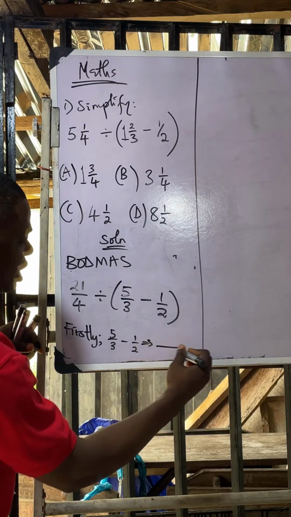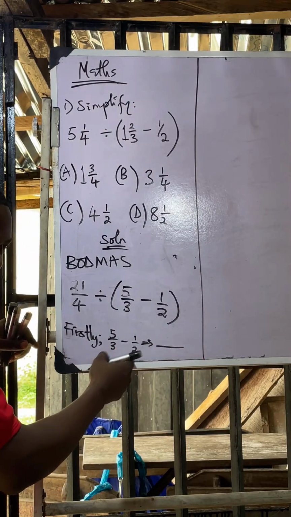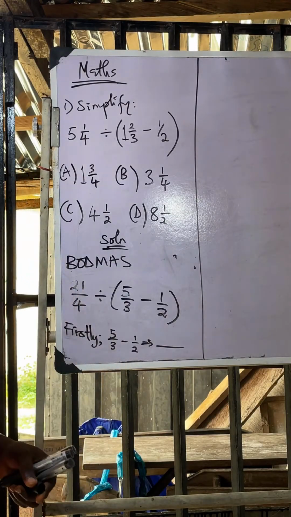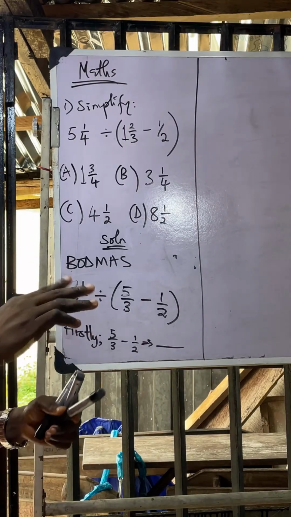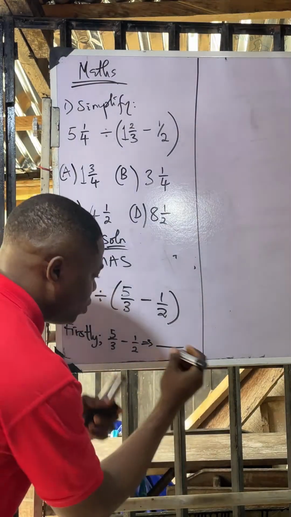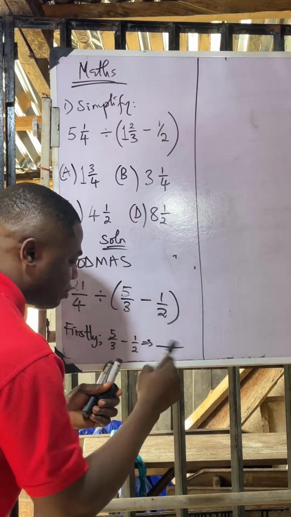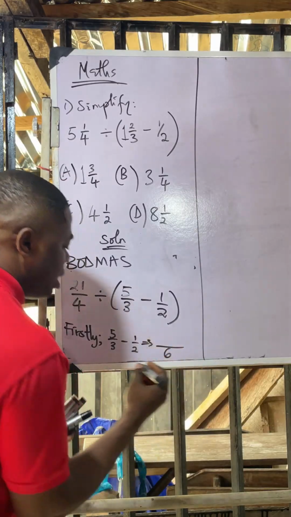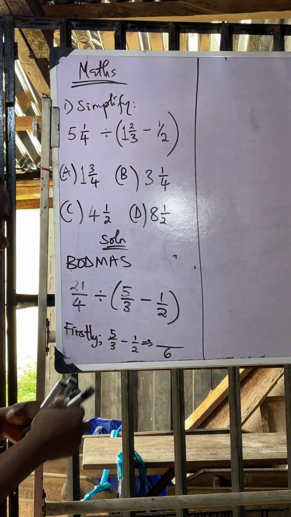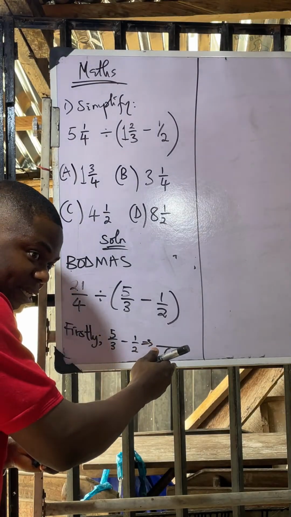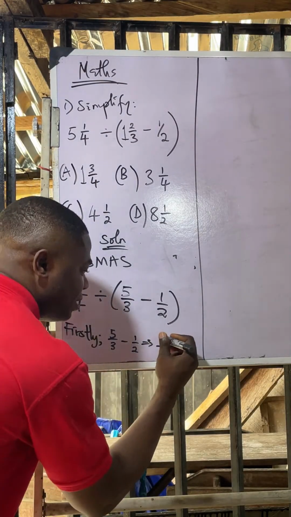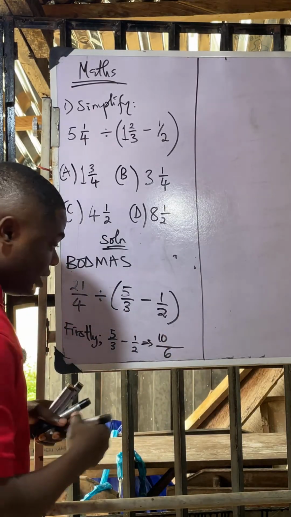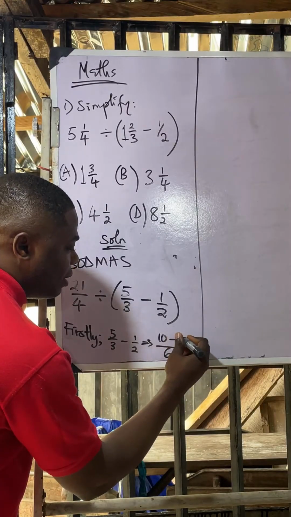What do you think should be the LCM of this? What should be the LCM between 3 and 2? 6. Even if you go and put 12, the simplest and easiest one to use is 6. So you go by 6. Now 3 divides 6, what will you have? 2 times 5, 10. 2 divides 6, 3. 3 times 1 is 3.